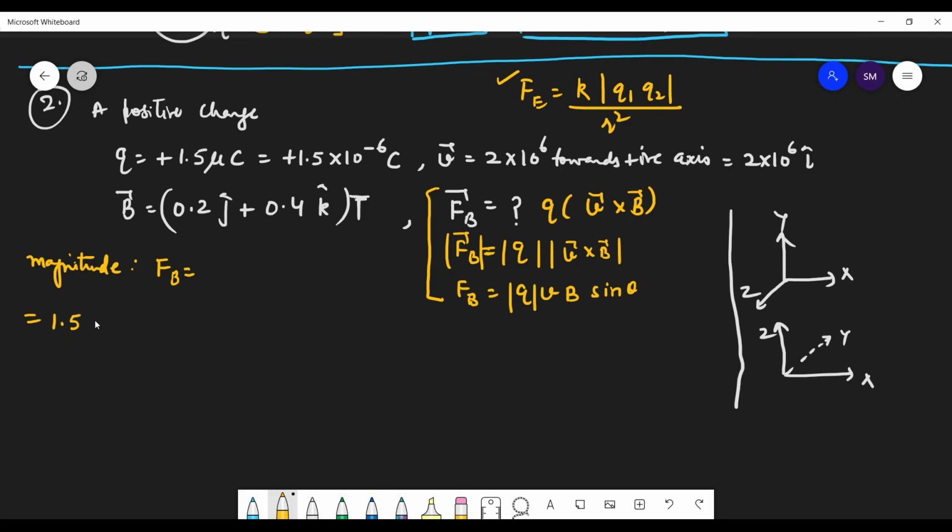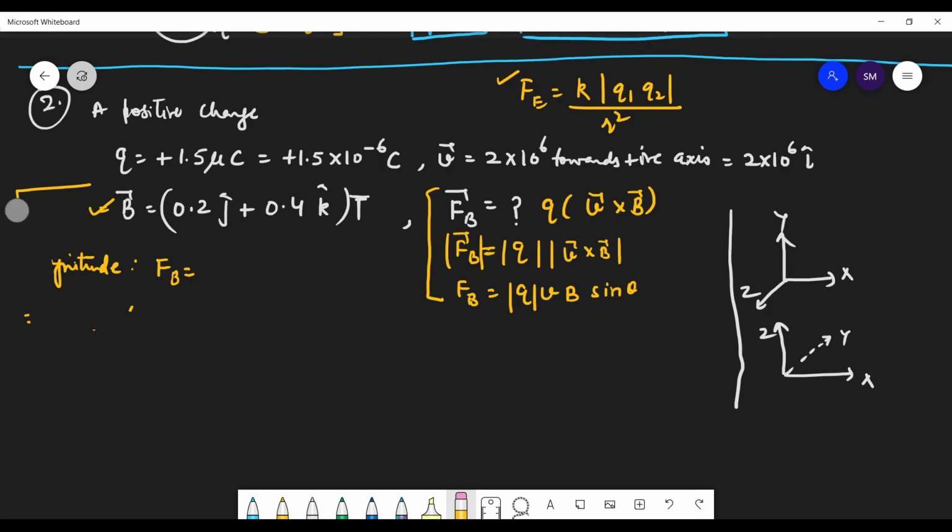So 1.5 into 10 to the minus 6 into what is V? 2 into 10 raised to the power 6 into B. Don't worry about directions, don't worry about sign of V. The magnitude of B would be under the root, but as B is given to you in ijk form, it's not a good idea to calculate magnitude wise and then direction wise.